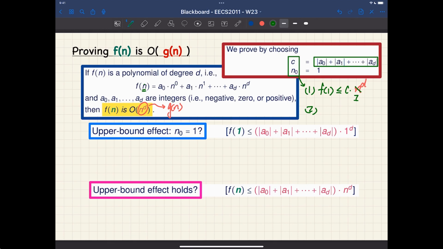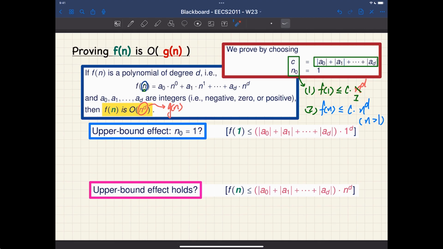What about the second case? For the second case, you're going to just use a general n over here without replacing it by 1. So here we're going to put, let me use a different color, f of n will be less than or equal to c times n to the power of d. And of course, here we're assuming that n should be strictly larger than 1 because we have already talked about the case of 1.